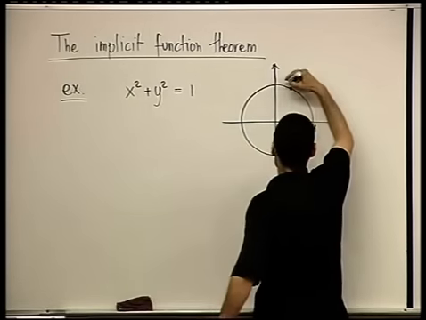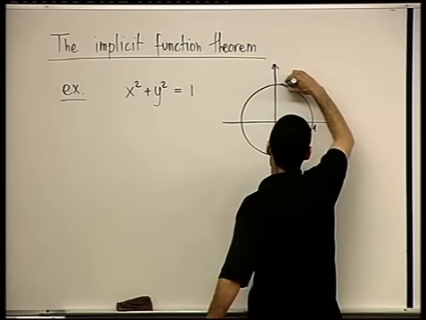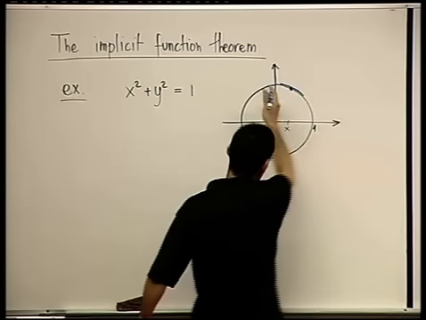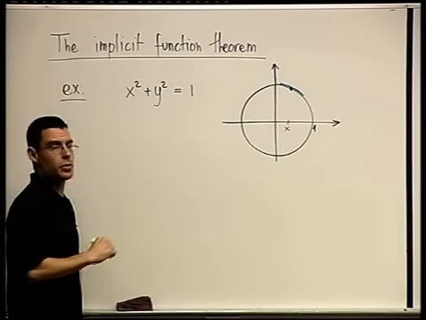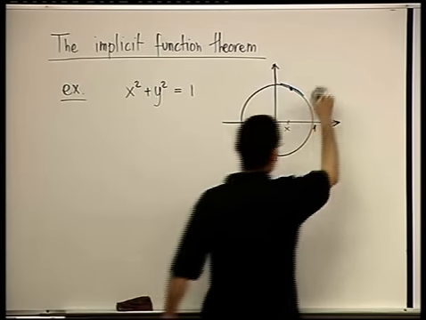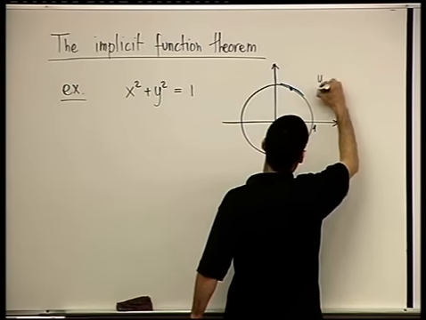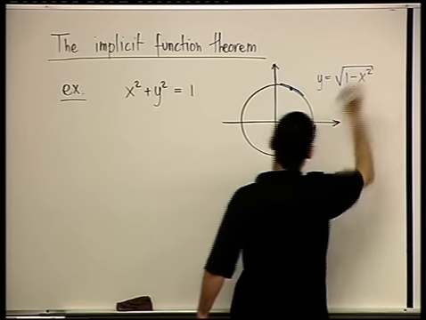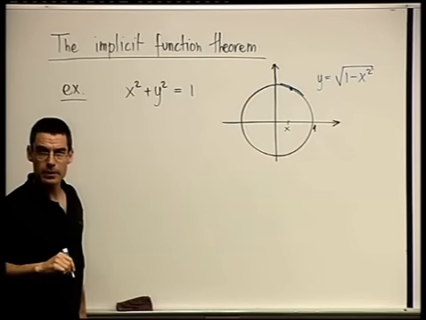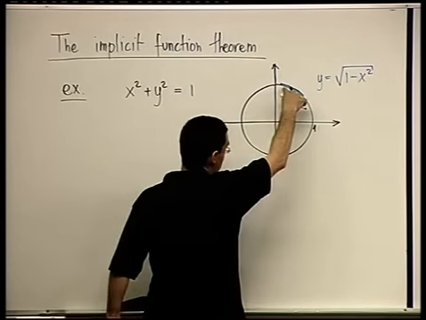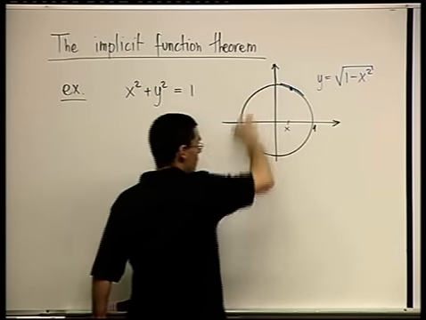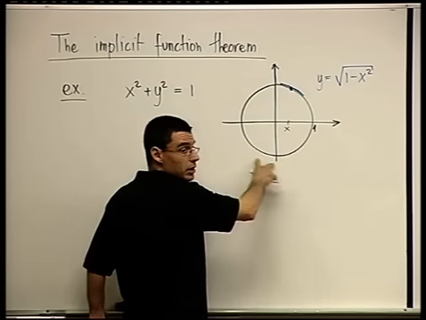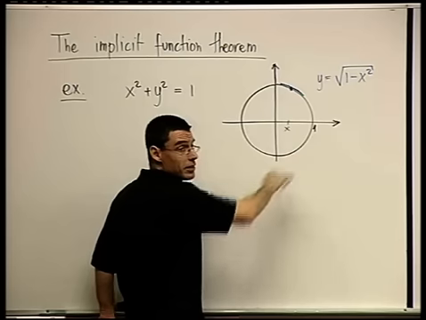If you restrict your attention just to this part of the circle here in blue, in a neighborhood of this point, this is the graph of a function, and we even know which function. This is the graph of the function y equals the root of 1 minus x squared. Do you agree? Everybody? So in a neighborhood of every point, it is the graph of a function. Same for here, it would just be negative the root of 1 minus x squared.